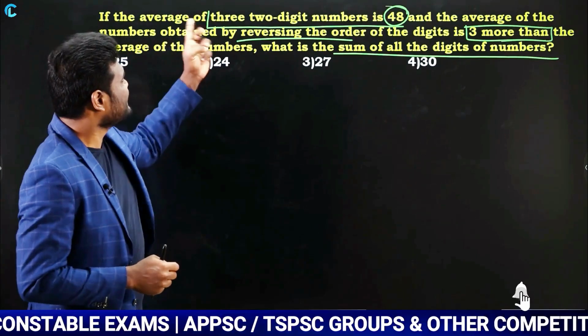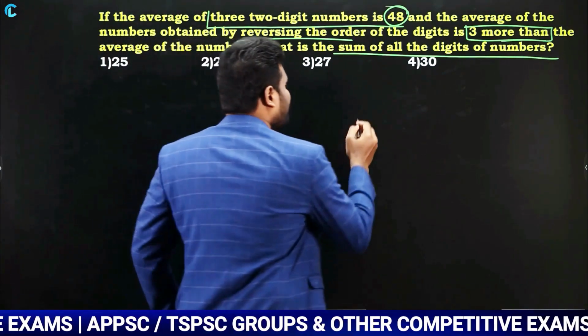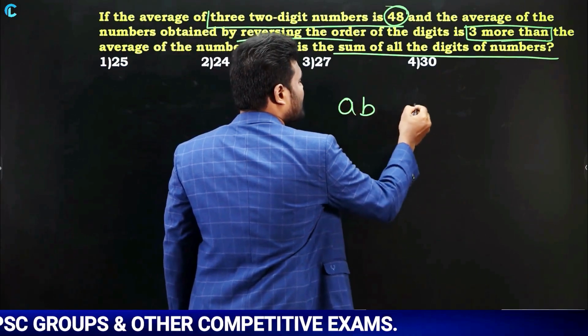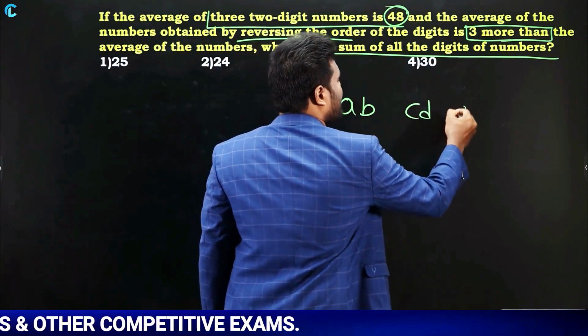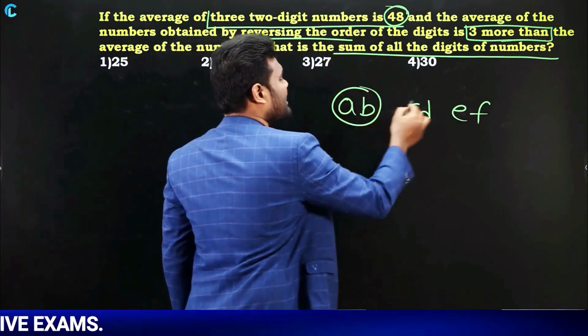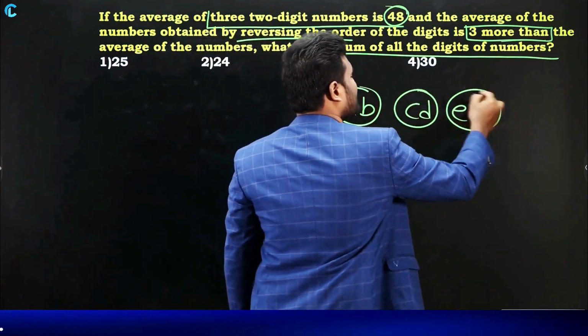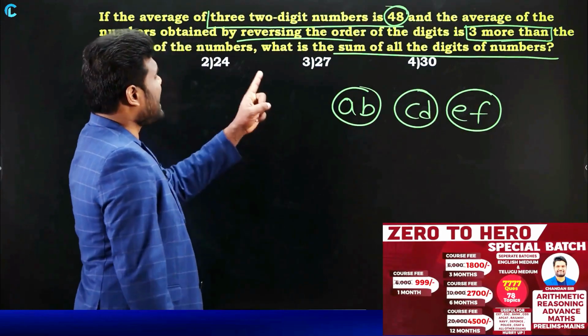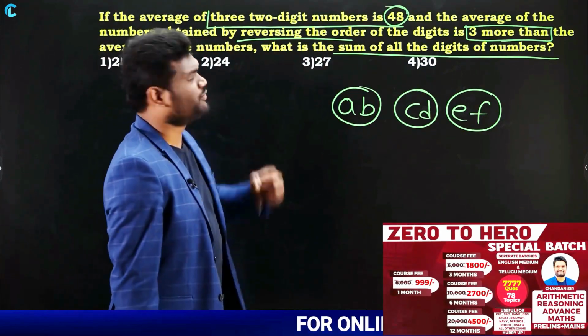Now the question is saying 3 2-digit numbers. I will assume the 3 2-digit numbers as AB, CD and EF. One number is AB, another is CD, and another is EF. The average of these numbers is 48.